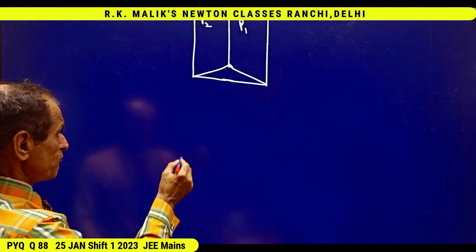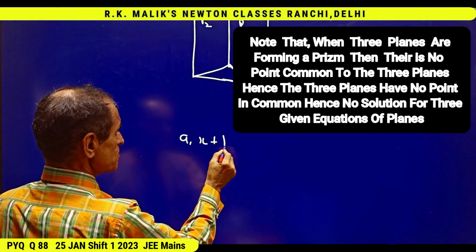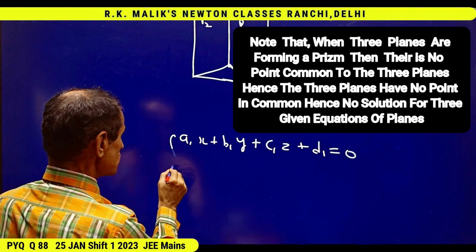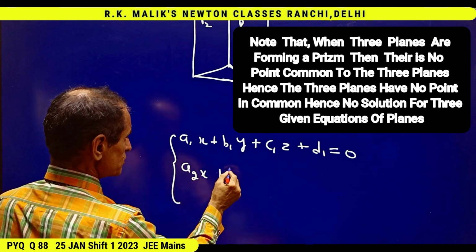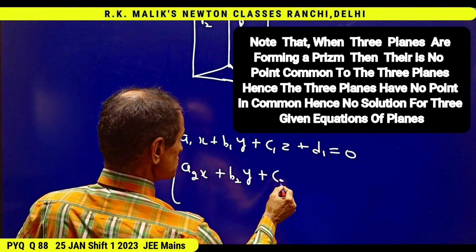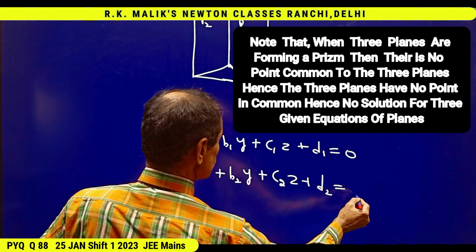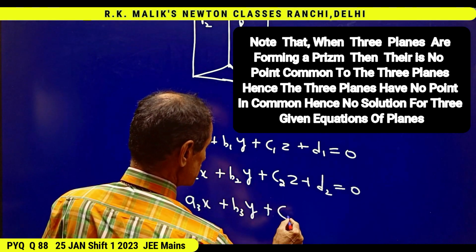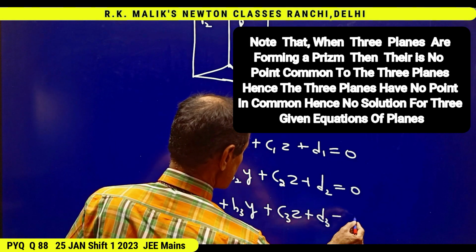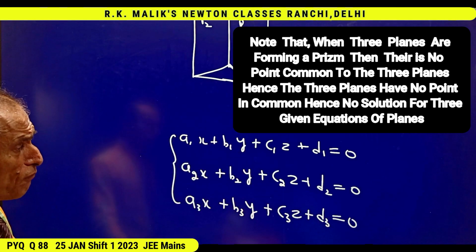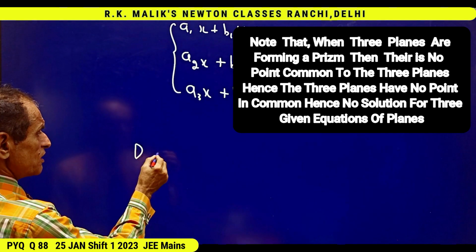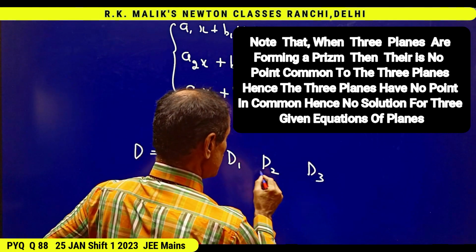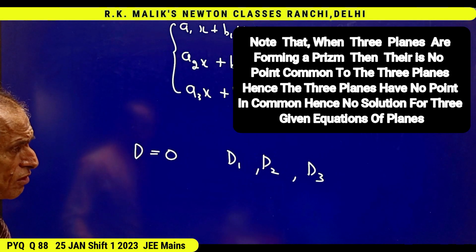And you must know that the equations of three planes A1x plus B1y plus C1z plus D1 equal 0, A2x plus B2y plus C2z plus D2 equal 0, and A3x plus B3y plus C3z plus D3 equal 0 will form a prism if the determinant D is equal to 0, and out of D1, D2, D3, at least one is non-zero.